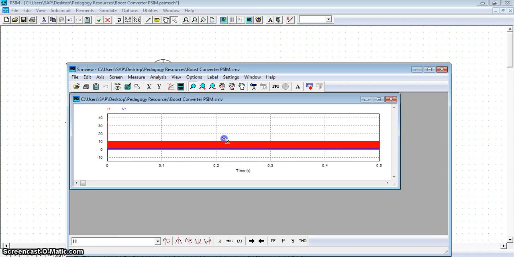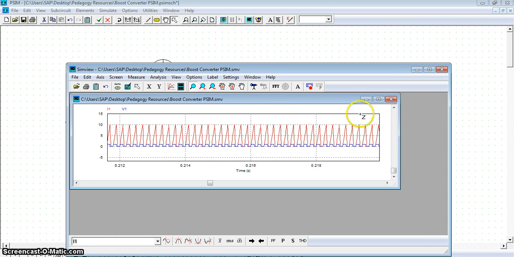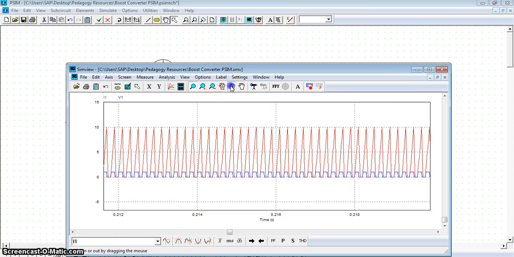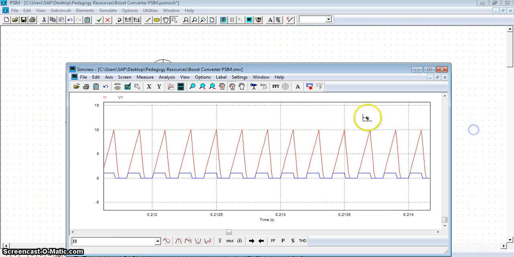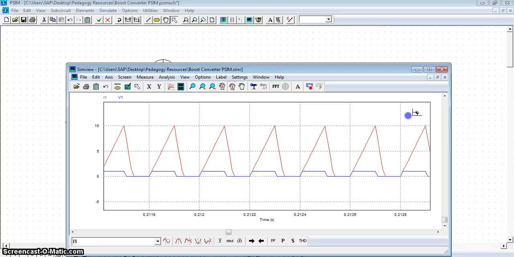Let's see the waveforms for a shorter period of time. So these are the waveforms. The blue one shows the gating pulse and the red signal is the input inductor current variation.